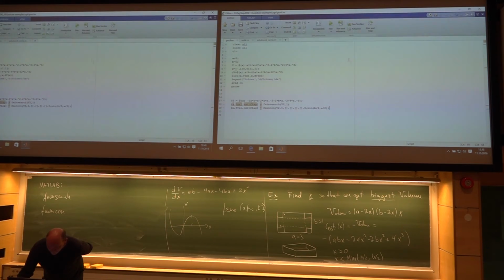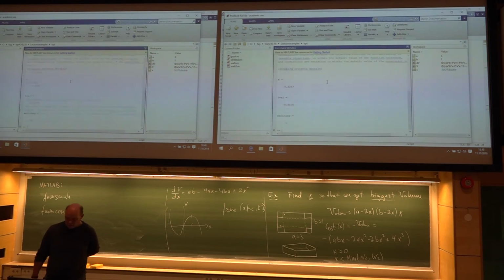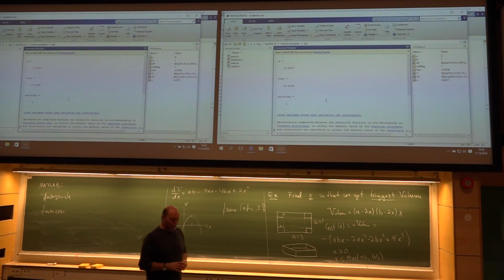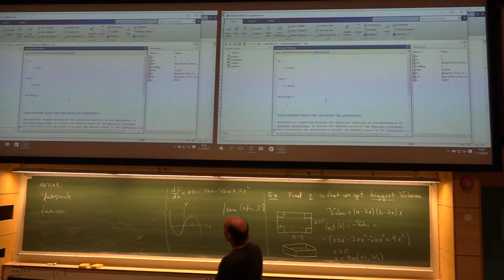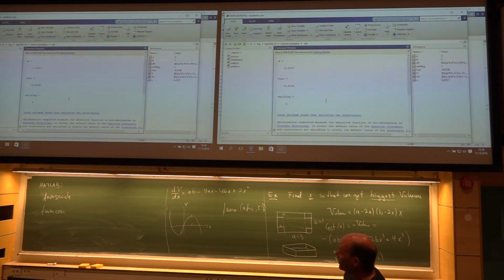So now if we run this one, you see I don't have any semicolons behind these, so both of them should print out X, fval, and exit flag. So let's see if they do so. And yes, they do. First, it was fminsearch. It reports an X that is around 0.2223, which was quite correct.